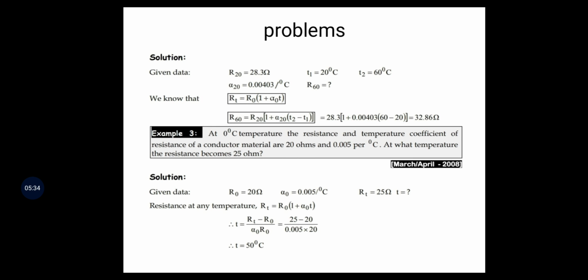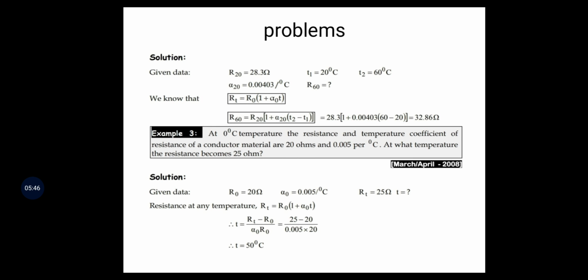We calculate the values, we get 32.86 ohms. Here resistance at 60 degrees centigrade equal to 32.86 ohms.